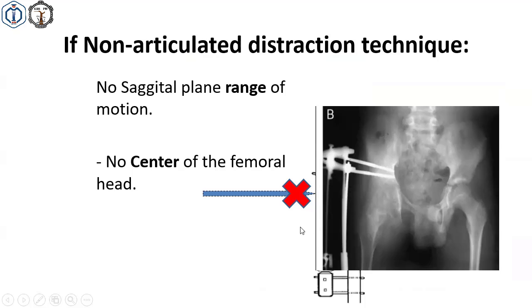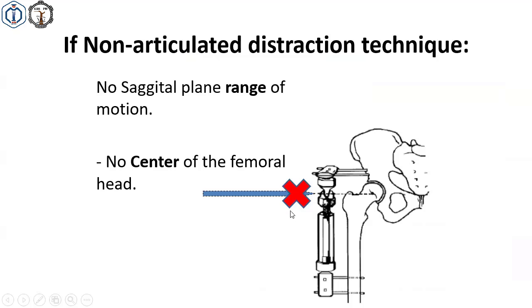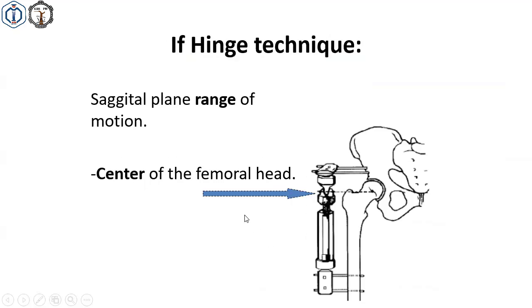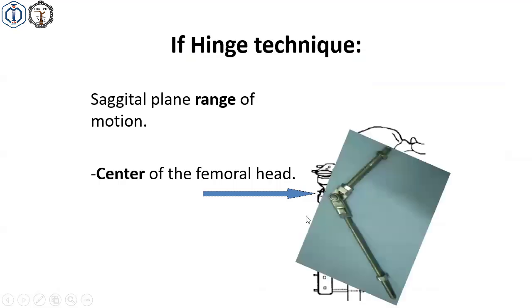There is no need for a hinge here in front of the hip joint center of rotation, and here also no need. We can lock the ball and socket joint here to have it without hinging effect, and if we use a hinge, we should have the hinge parallel or collinear to the range of motion of the hip joint.